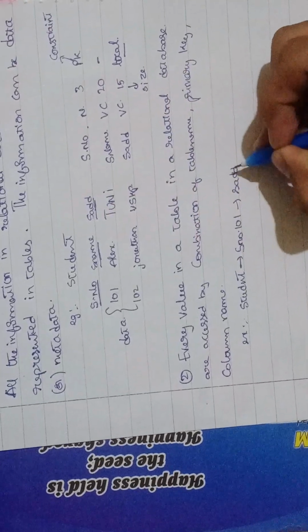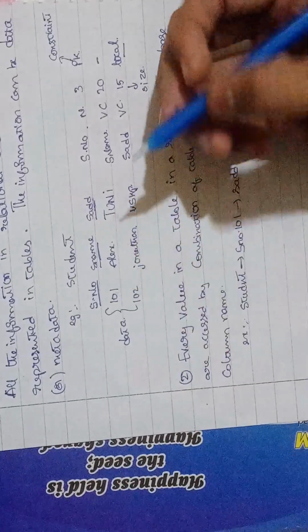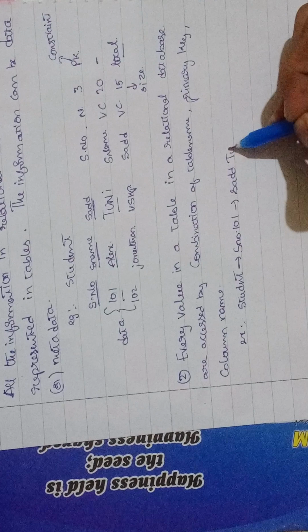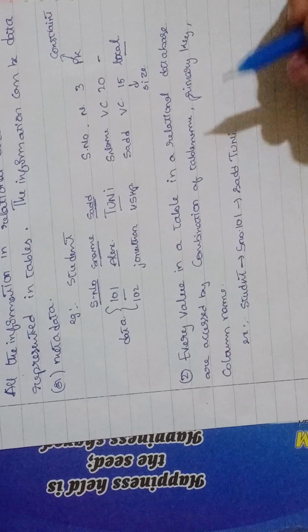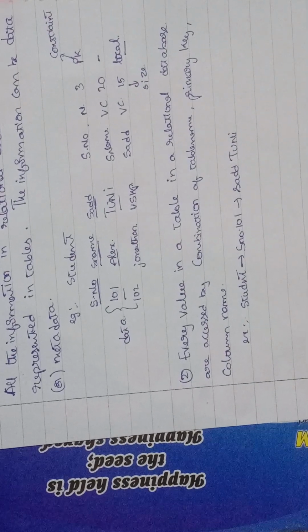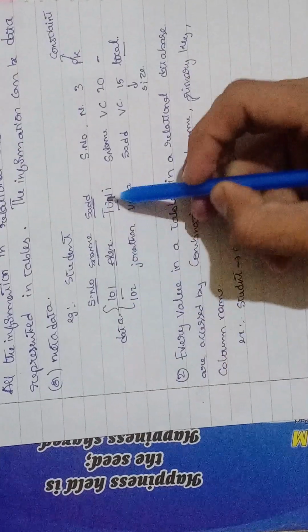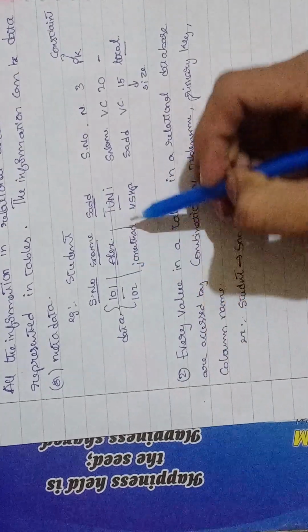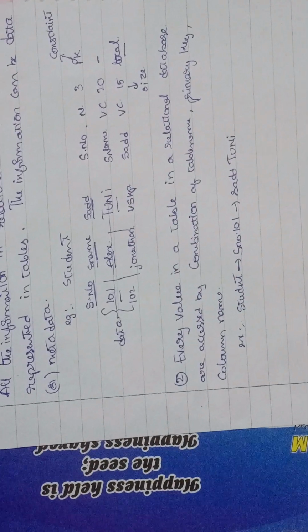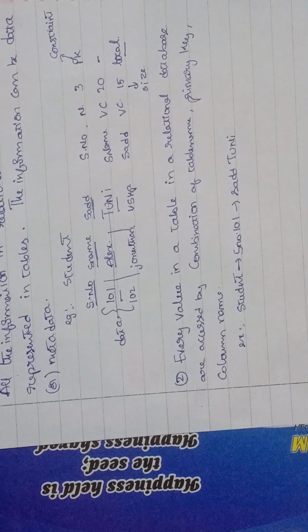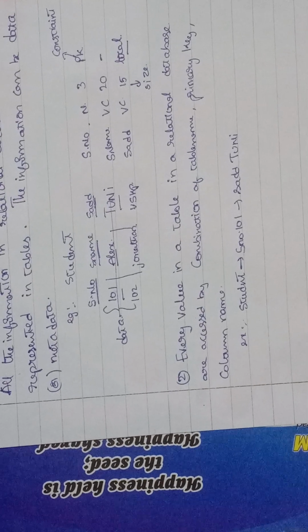Student address means we can see 101, name Alex, Tuni. This is the guaranteed access. It means we can see the row, column, and attribute name column. No other means such as pointers can be used to access the data.